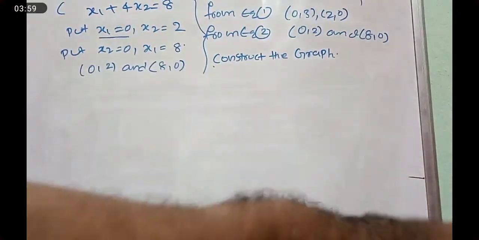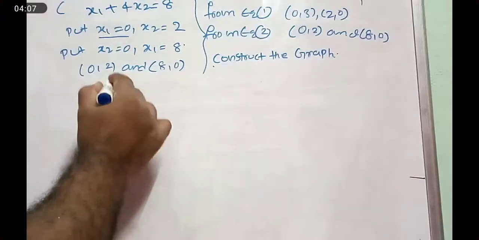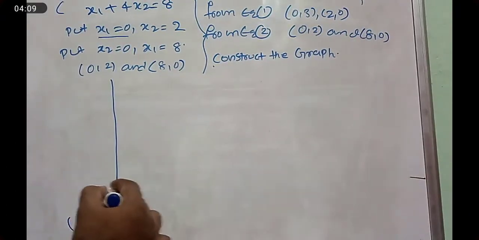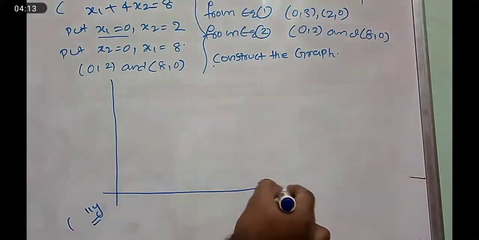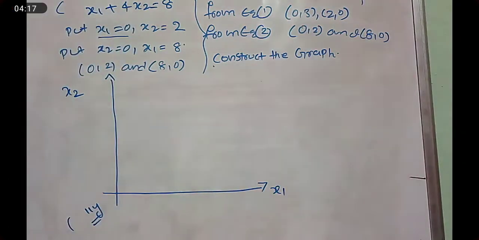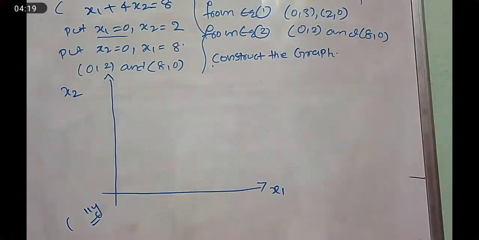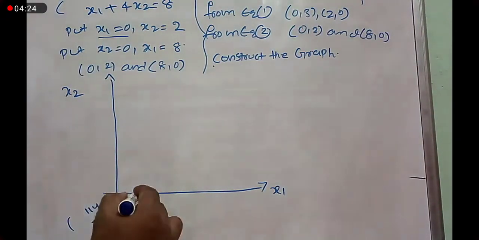We are going to construct a graph. A graph generally has a horizontal line as well as a vertical line. What comes on the horizontal and what comes on the vertical? On the horizontal we will write x1, and on the vertical we will write x2. The origin is 0, 0.